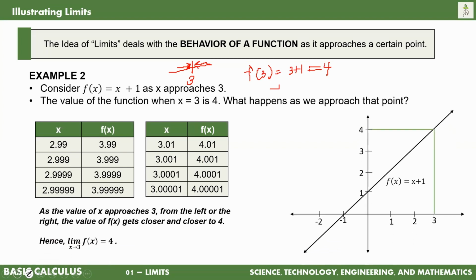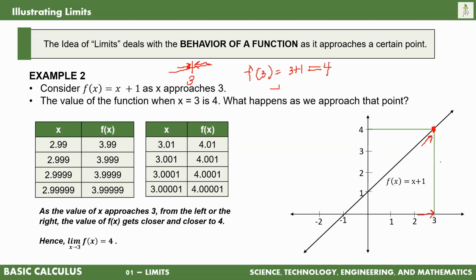So from this idea, tingnan natin yung graph. So kung mapapansin nyo, ito ulit yung graph, itong straight line na yan. By the way, yung green lines, guide lang natin yan para matukoy natin yung part na may limit. Pero itong line, kung mapapansin mo, habang lumalapit ka dito sa 3, yung x values, anong nangyayari dito sa graph?